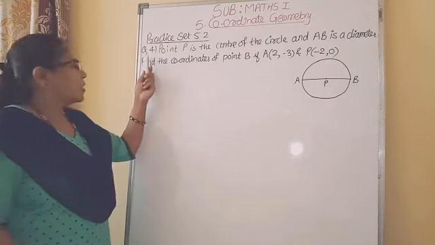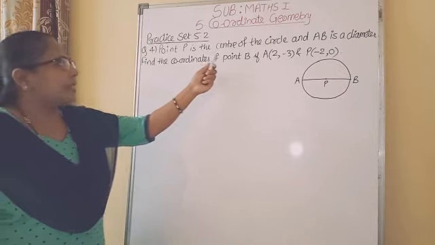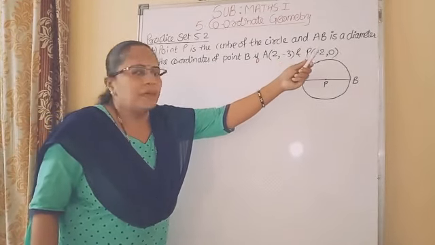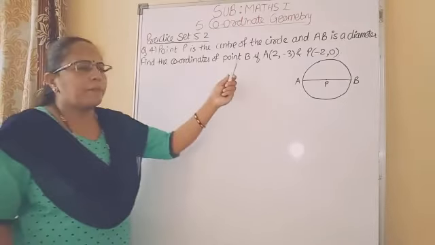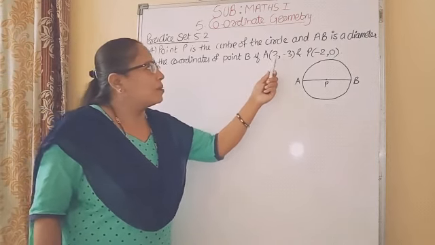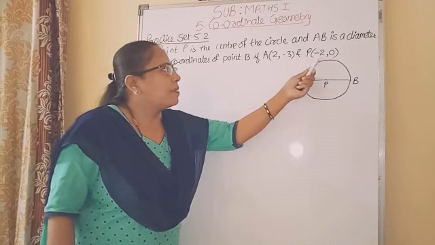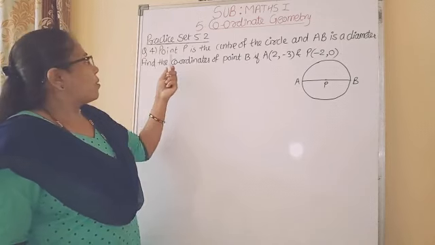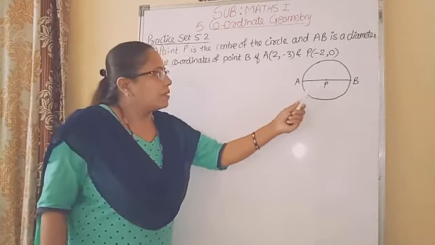Next question number 4. Point P is the center of the circle and AB is a diameter. Find the coordinates of point B if the coordinates of point A are (2, -3) and the coordinates of point P are (-2, 0). Okay. Now student, according to this question I drew one figure here.